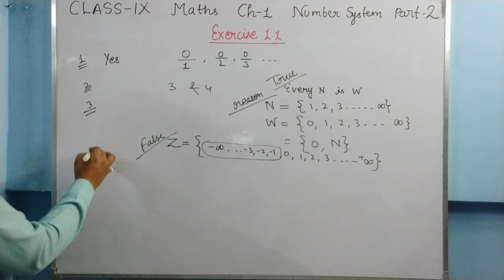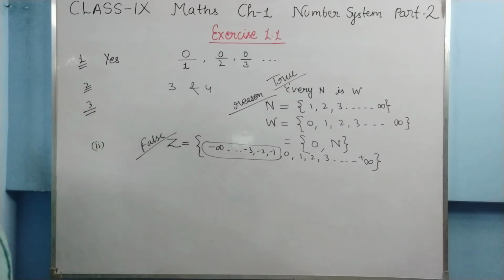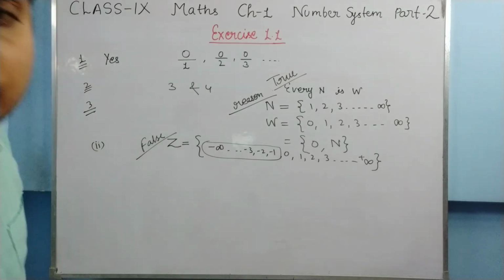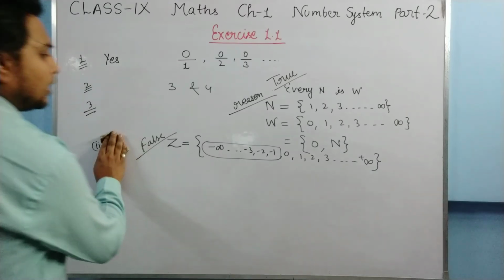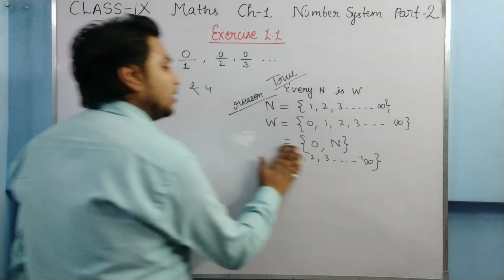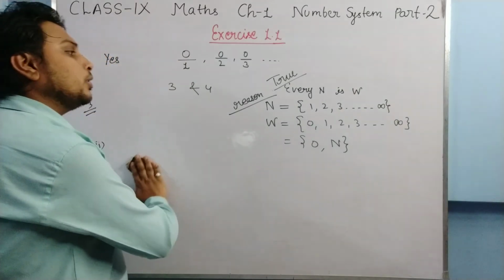The second part will be what? False. Because, and what reason you will write? The reason you will write that in the set of integers, negative numbers are also there.